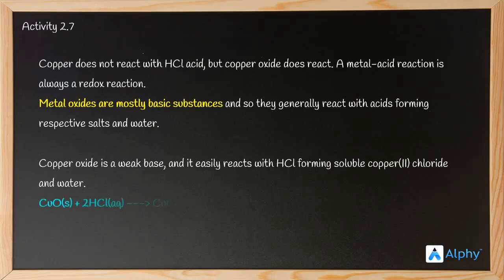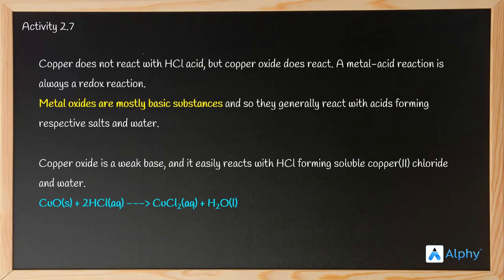Now let's see the reaction. Here it is. CuO is copper oxide plus HCl is hydrochloric acid, forming CuCl2, which is copper chloride, and H2O, which is water. Now, as discussed in the first point itself, where we mentioned that a metal acid reaction is always a redox reaction, tell me, how can we define it as a redox reaction?